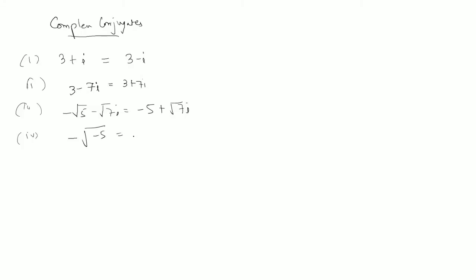So how we can express minus of root of minus 5 is 5 into minus 1. Minus remains as it is. This gives us root of 5 into root of minus 1. Root of minus 1 is I. So this is an imaginary number. If you want to express this in the format of a complex number, 0 minus root 5i.